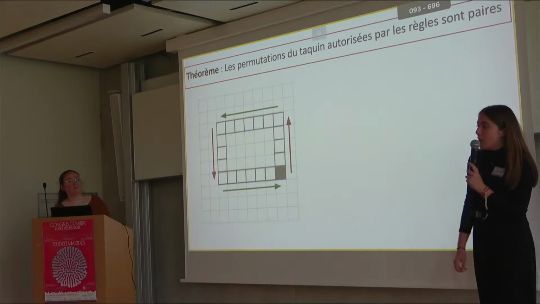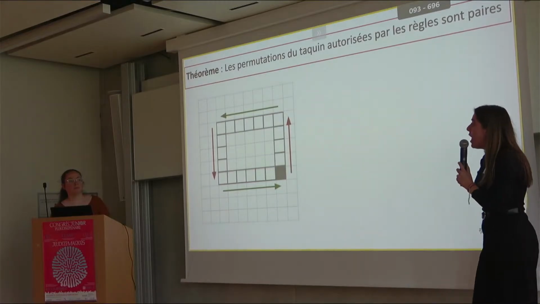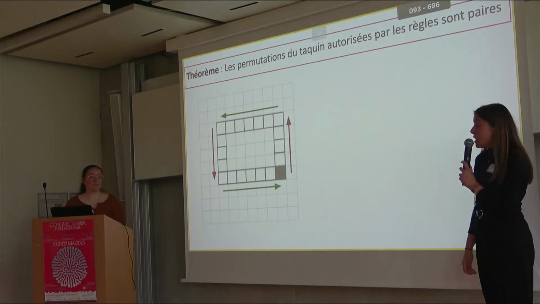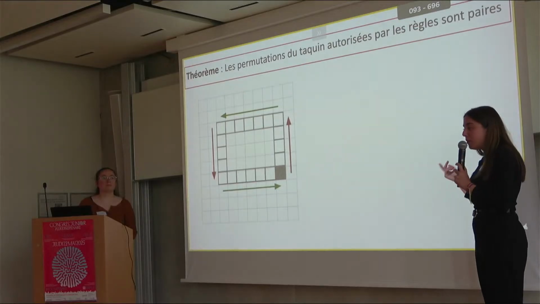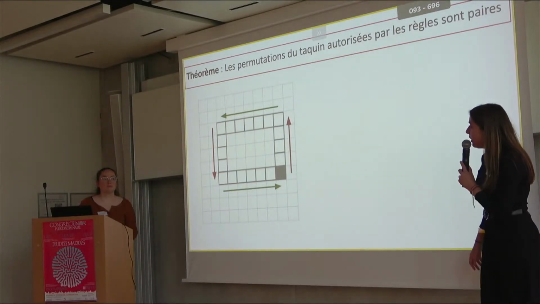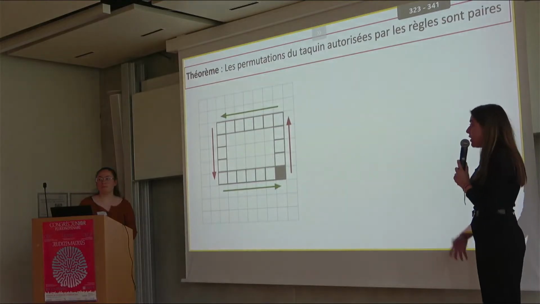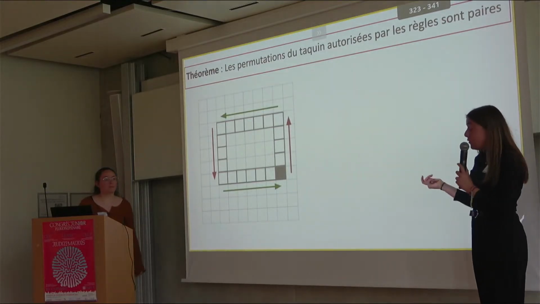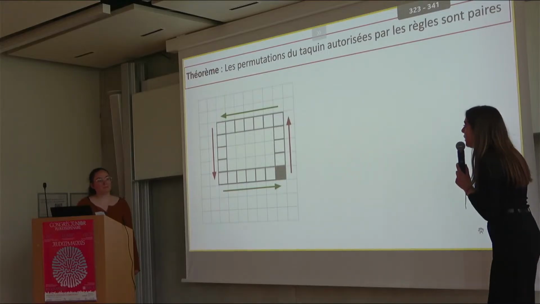A permutation is a change in the order of the tiles, and a permutation is achieved by a series of swaps between any tiles. An even permutation is a permutation which is achieved with an even number of exchanges.